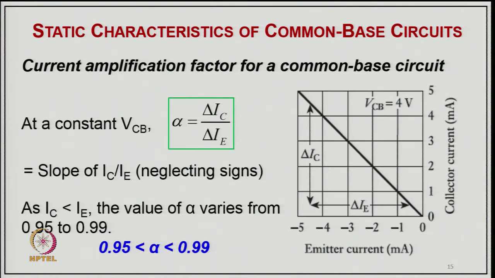As IC is lower than IE, the value corresponding to this gain is 0.92 to 0.99, which we already discussed earlier. In this configuration, that is the reason we use the notation alpha. So the alpha gain is always less than 1.